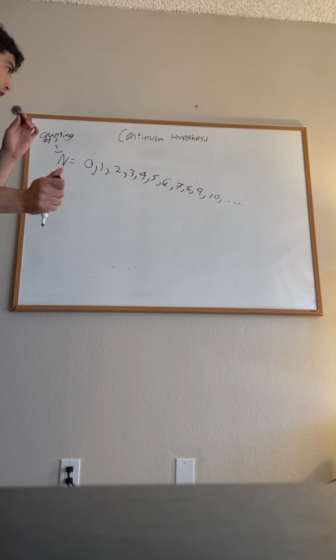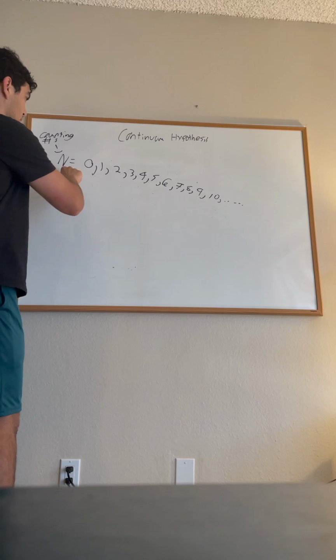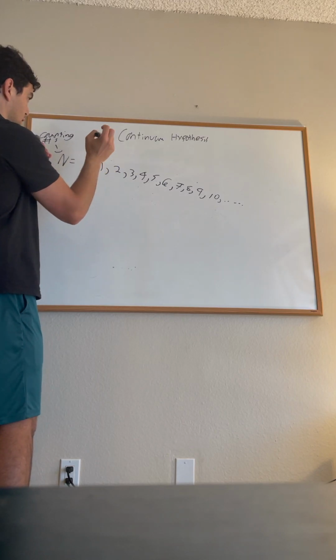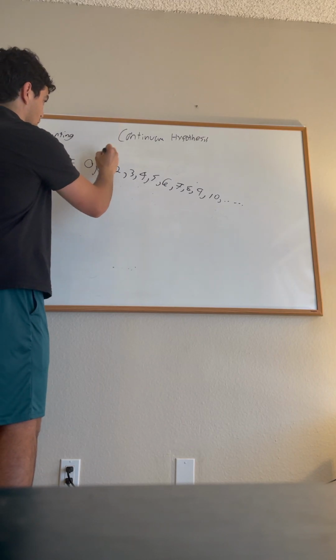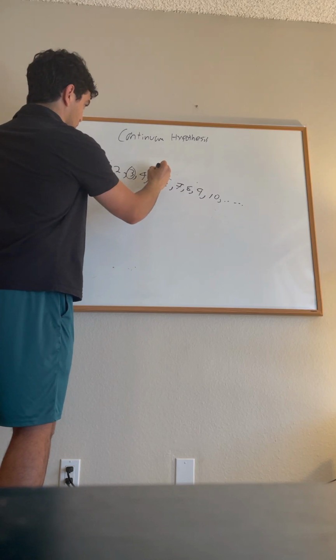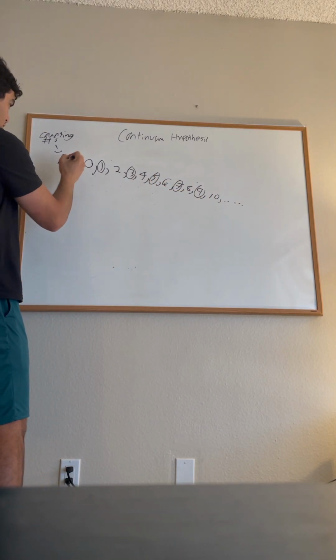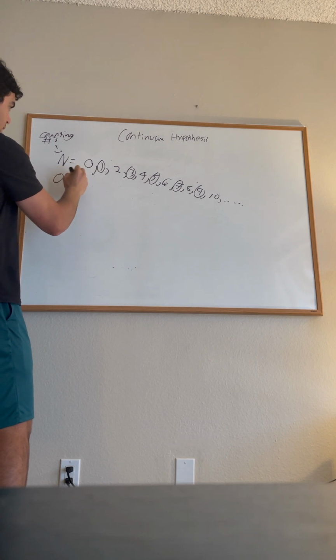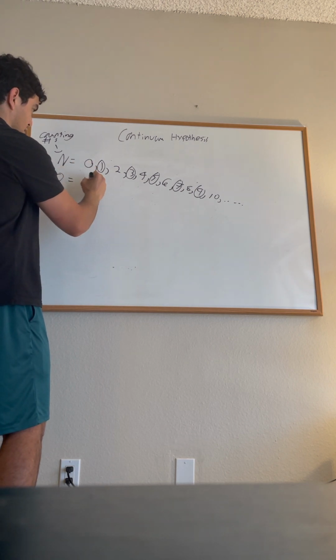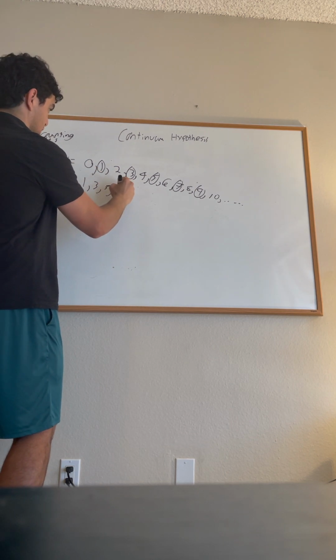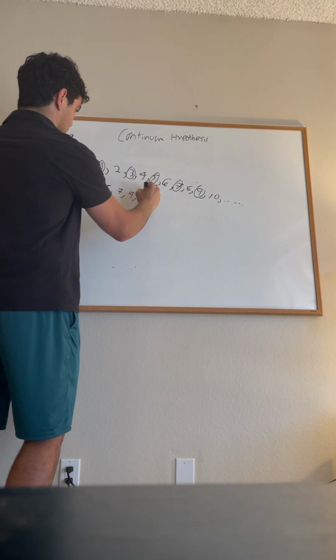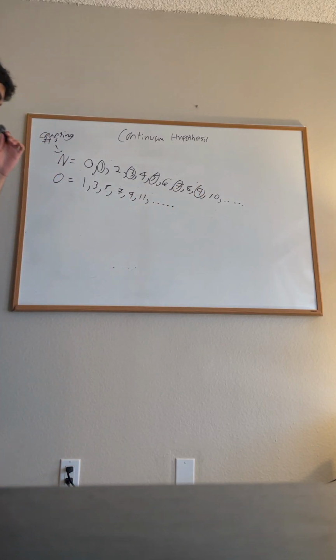Now, let's only take our odd numbers and so on, right? So let's call this O for odd. So we have 1, 3, 5, and so on. Okay.